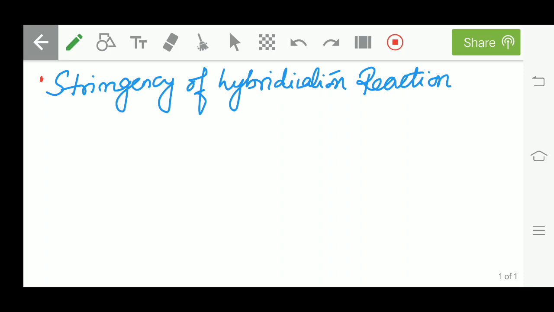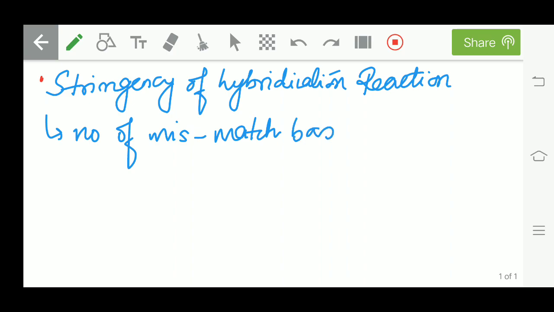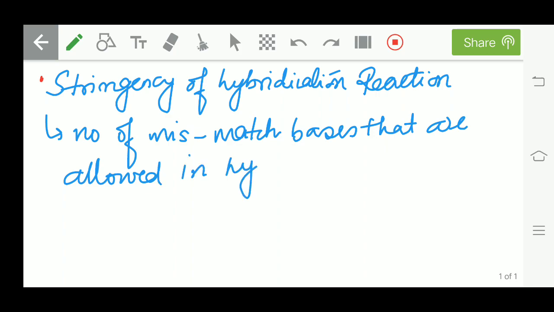Stringency in hybridization describes the number of mismatch bases that are allowed in a hybridization reaction.